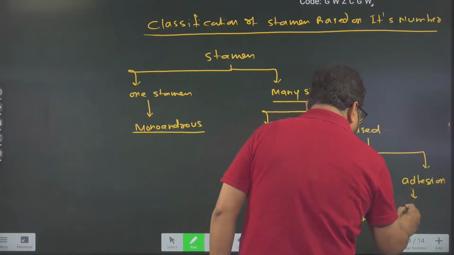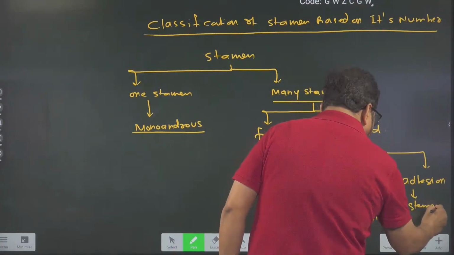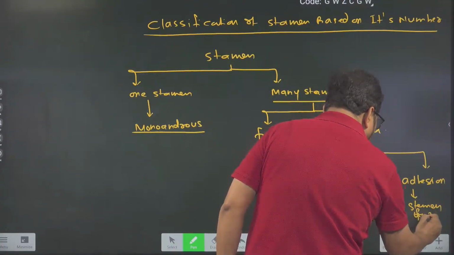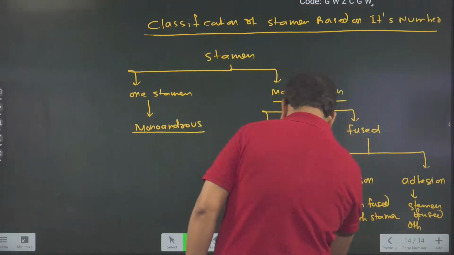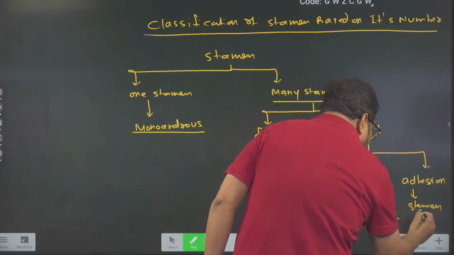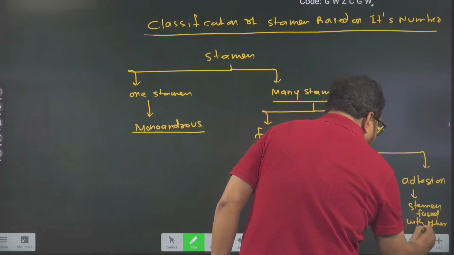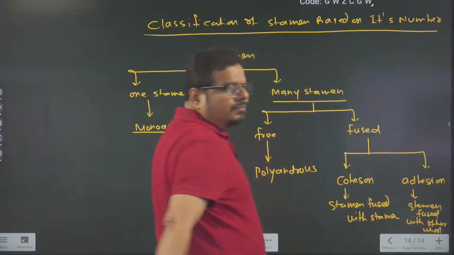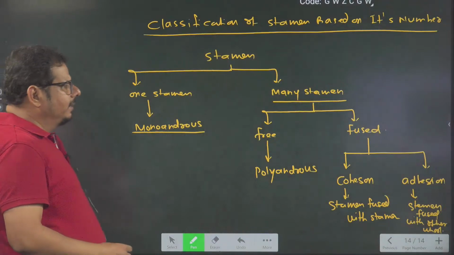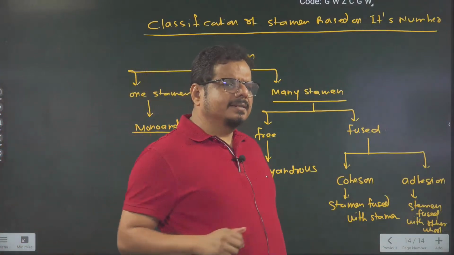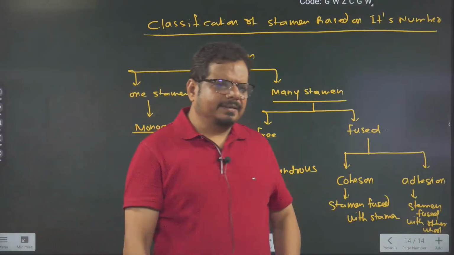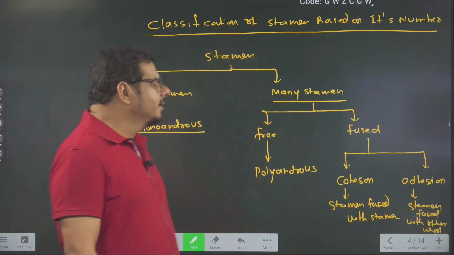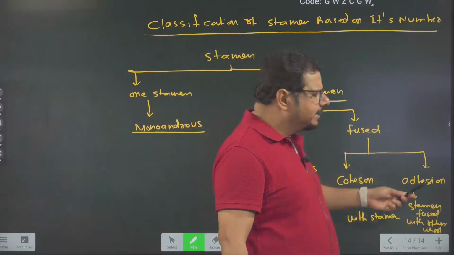And adhesion, stamen fused with another whorl. NCERT wrote that polyandrous condition is there when stamen are free or stamen are fused at variable degree. Getting the things or not? So here fusion is of two possible types, cohesion and adhesion.